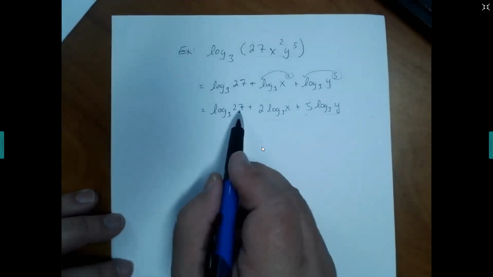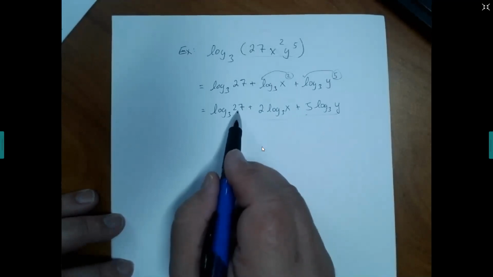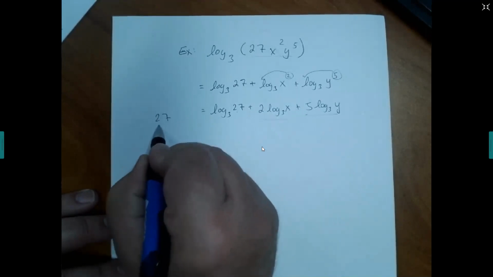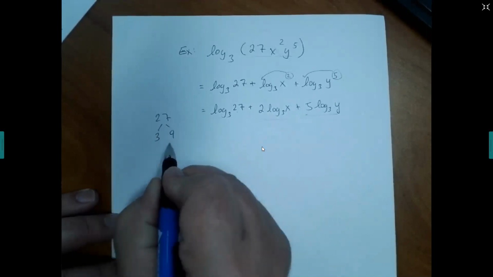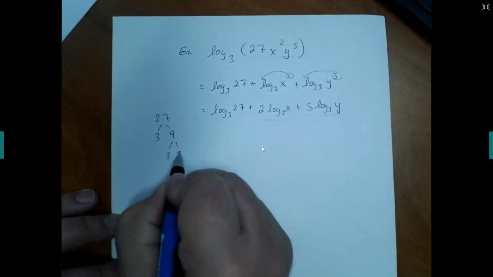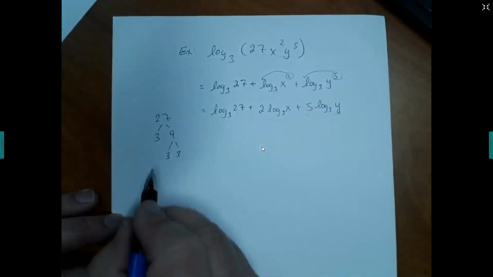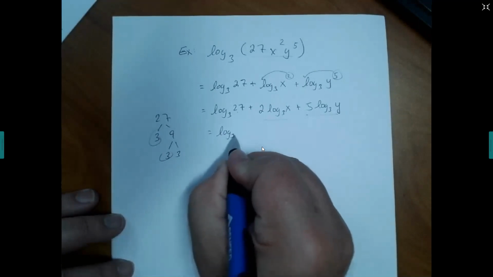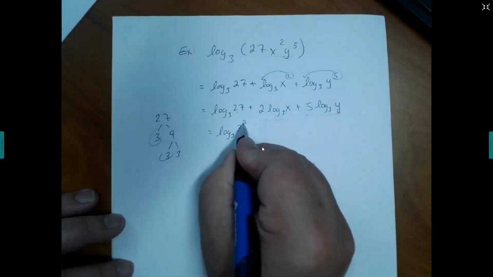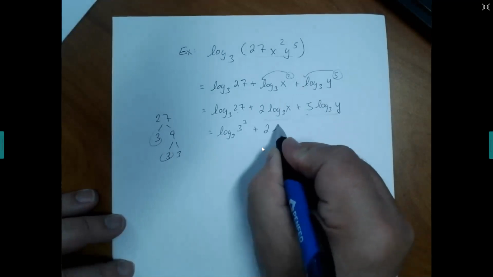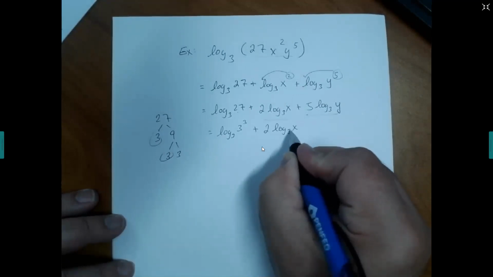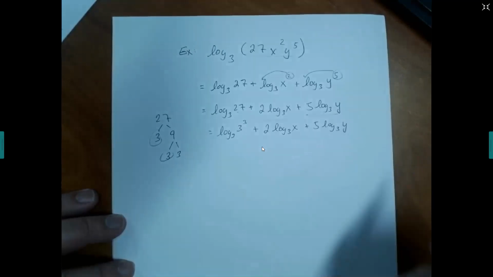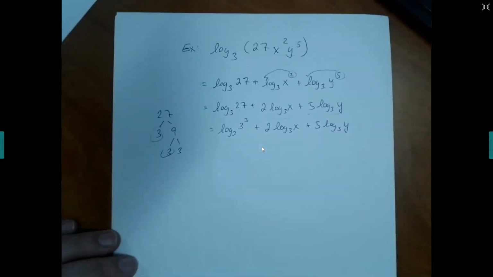But we can fix this first one. What's 27 made up of? 3 times 9. 3 times 3. 1, 2, 3. So log base 3 of 3 cubed. Is that 3?